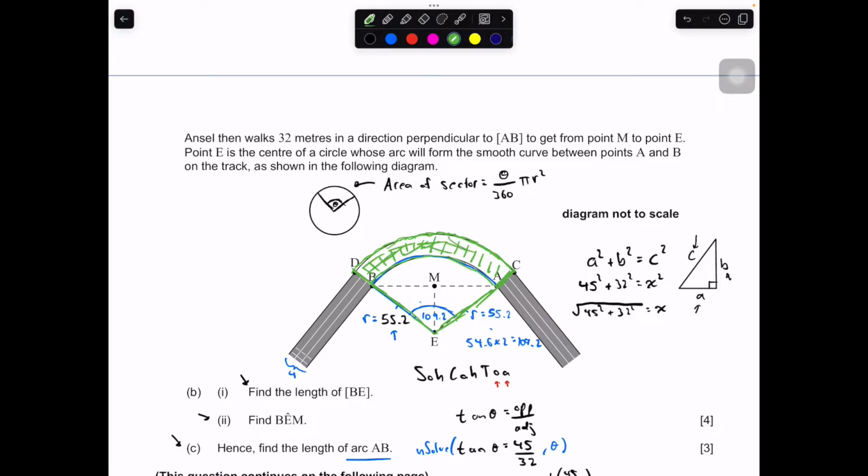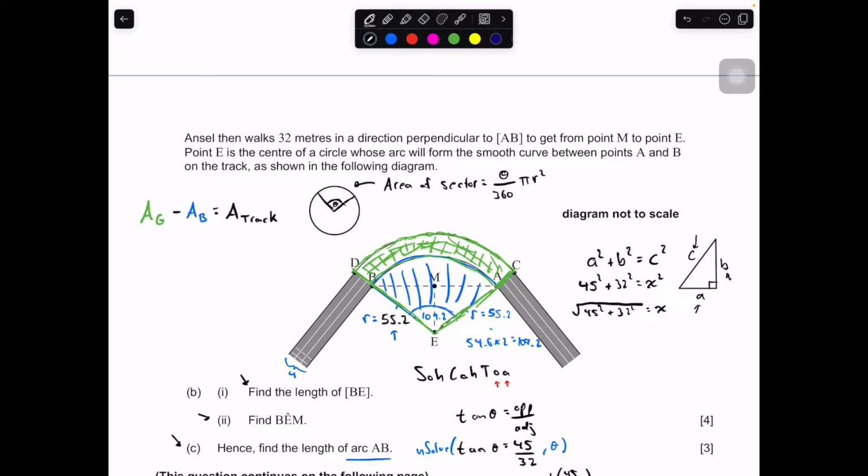So we can take this area out on the inside. Let's say the area of the green, the larger sector, minus the area of the blue would give us just the area of the track.